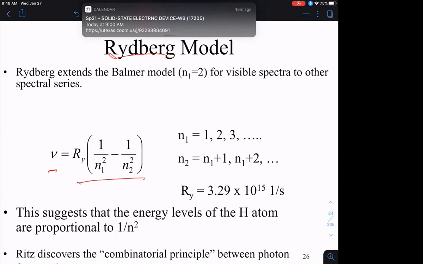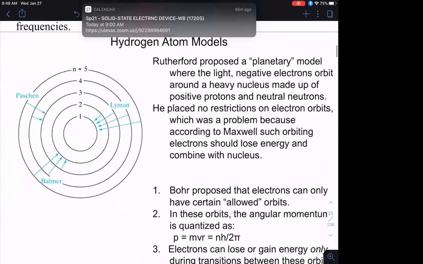So the frequencies of emission were given by a constant, which is known as a Rydberg, times 1 over n1 squared minus 1 over n2 squared, where n1 is a set of integers, and depending on the choice of n1, n2 has to be n1 plus 1, n1 plus 2, and so on and so forth, okay? Now, all that Rydberg did was fit the data to a formula like this. He had no clue whatsoever as to why you have a strange relationship, okay? So to understand that, you come to the next part of the story.